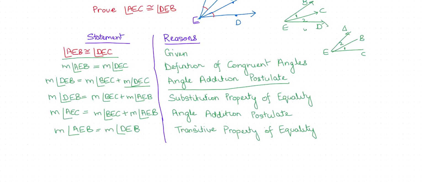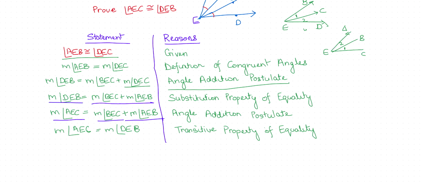So we see that AEC is equal to BEC plus AEB, and measure of BEC plus AEB is equal to DEB.